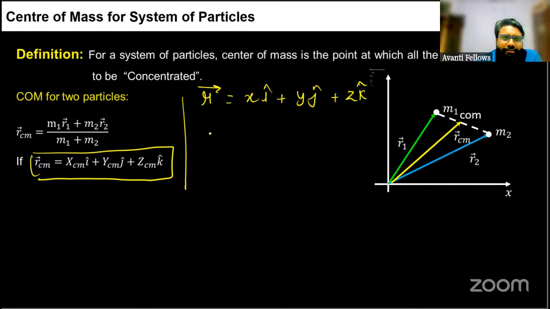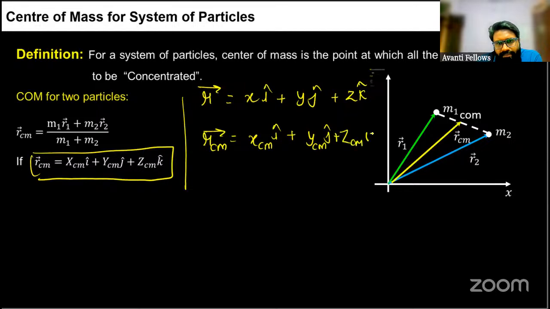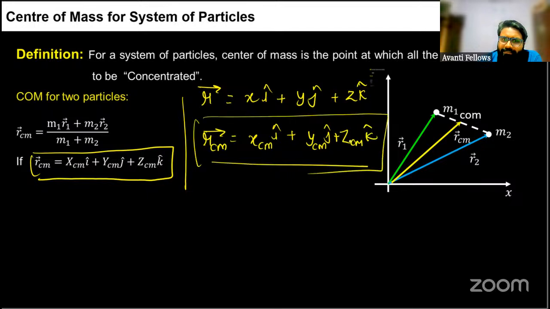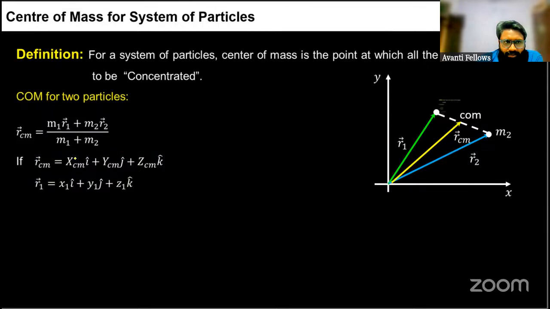So if you will see here, RCM vector we can write as XCM i cap, YCM j cap, and ZCM k cap. Okay. Now, what is the value of XCM, YCM, ZCM? You can easily calculate that. There is no worry.